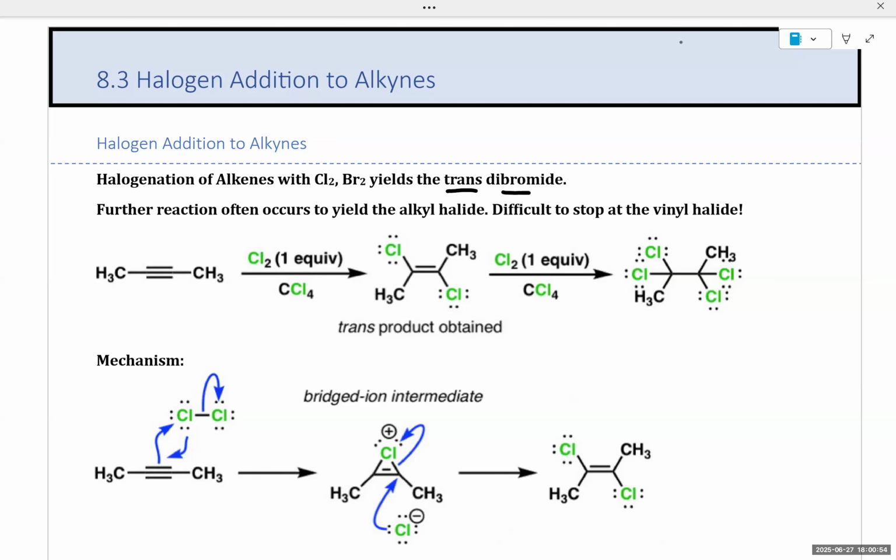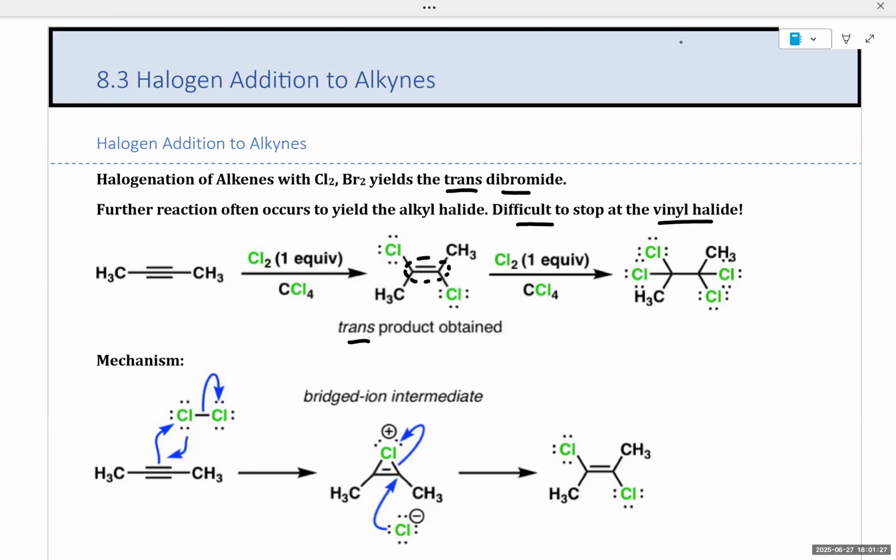Unfortunately, in many cases, after the first equivalent of bromine or chlorine to generate this trans dihalide, the alkene that you make from this first step reacts a second time, and you often end up with a polyhalogenated product. It is very difficult to stop at the vinyl halide because this alkene is reactive enough to undergo further halogenation.